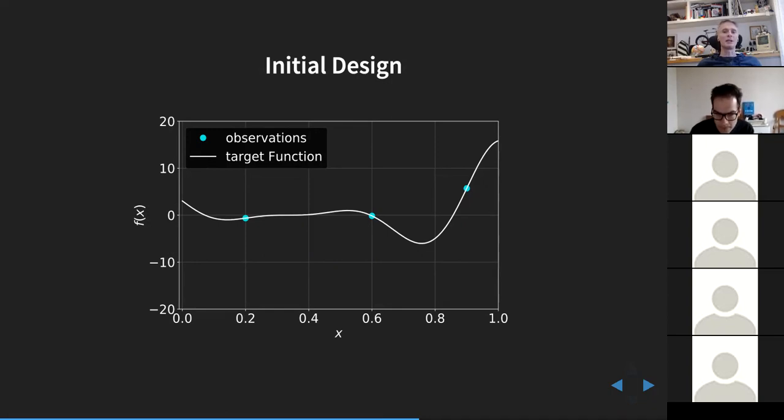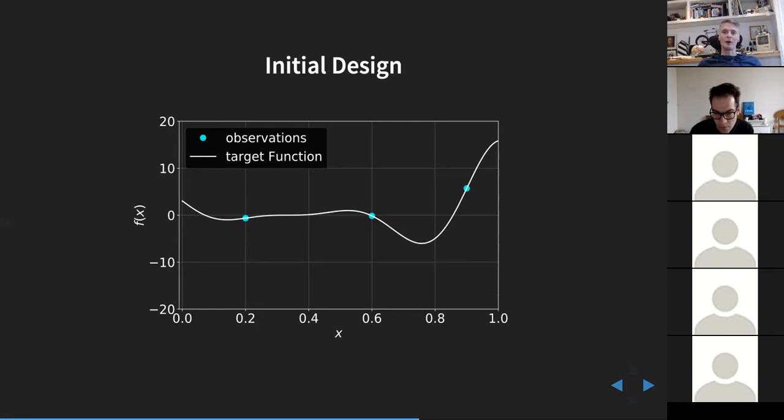We don't want the integral, we don't want the minimum, we're just interested in information about the function. In this case, as normally, we've got an initial design, where we apparently already know the values of this function at the following 3 observations: 0.2, 0.6, and 0.9.